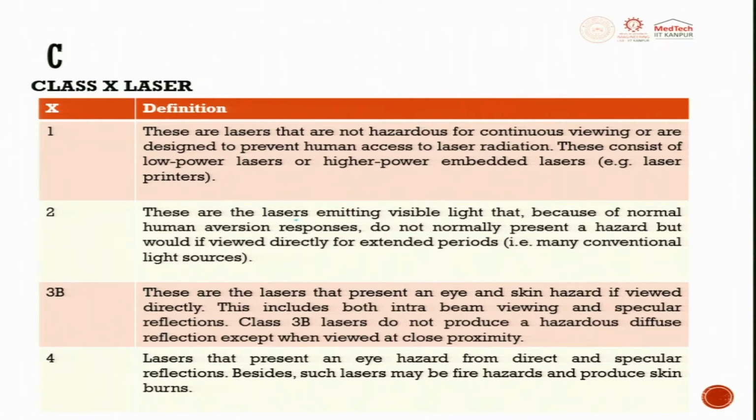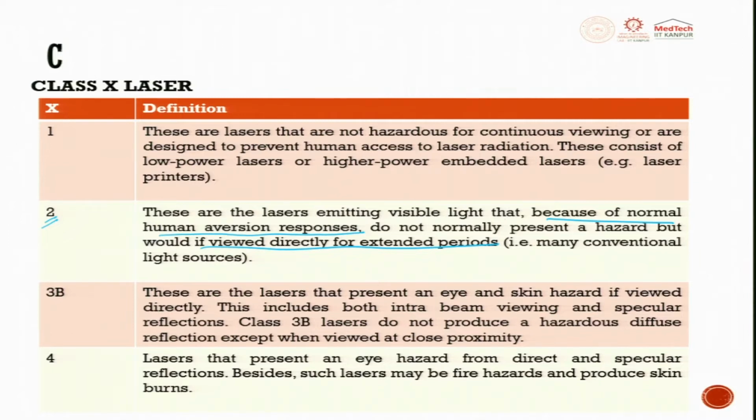Class 2 lasers emit visible light that, because of the normal human aversion response, do not normally present a hazard, but would if viewed directly for an extended period. Many conventional light sources fall in this class 2.